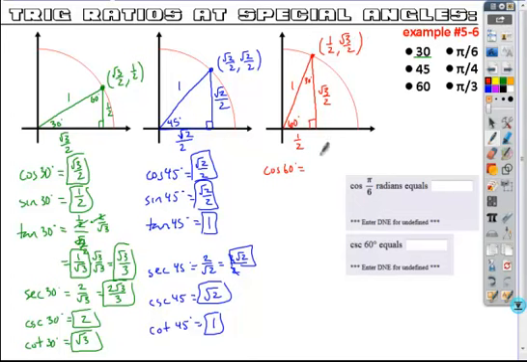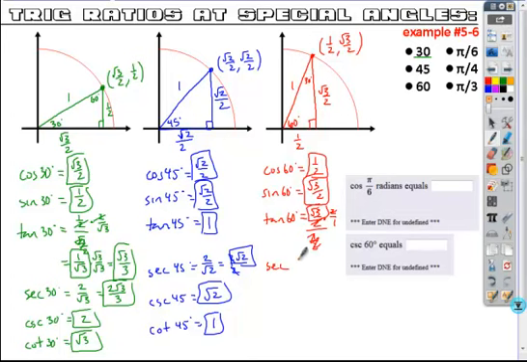Cosine is the x coordinate, 1/2. Sine is the y coordinate, root 3 over 2. The tangent is sine over cosine, so root 3 over 2 divided by 1/2, which is like multiplying by the reciprocal, 2 over 1. The 2's cancel, and so the tangent of 60 degrees is root 3.